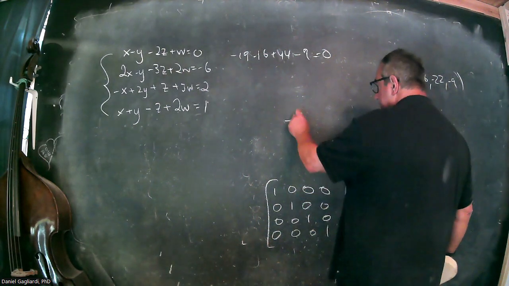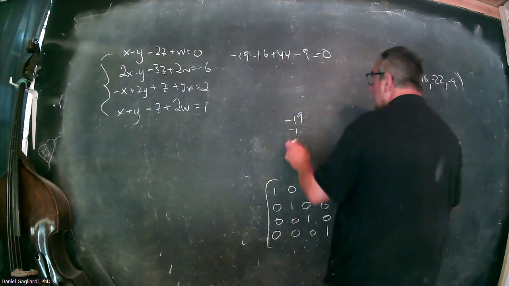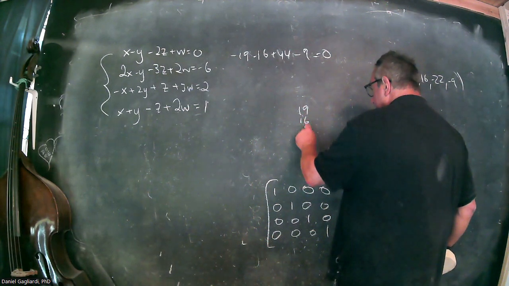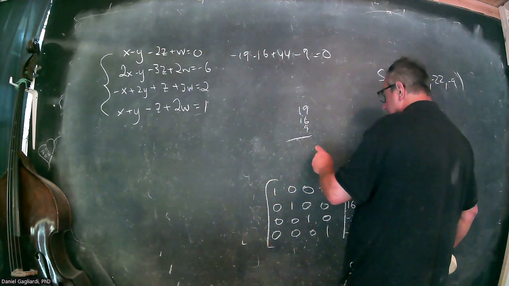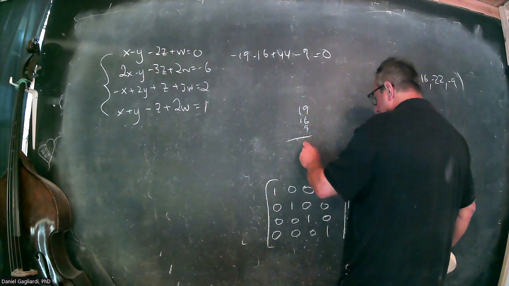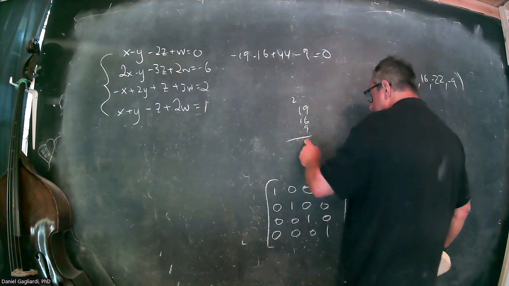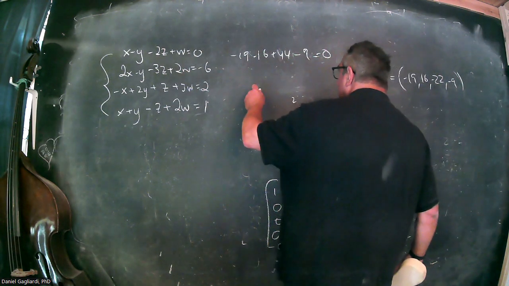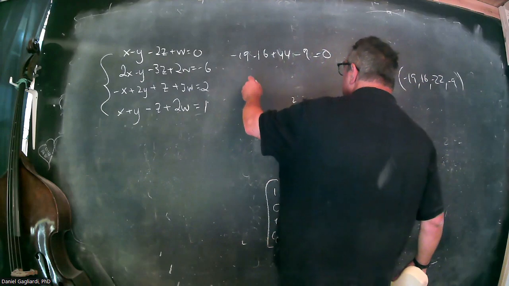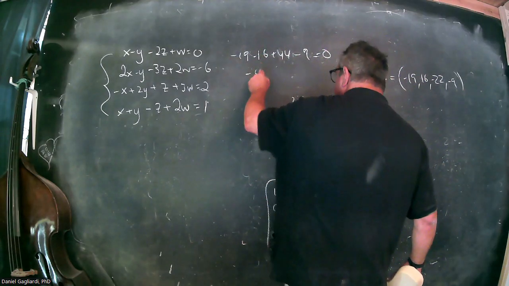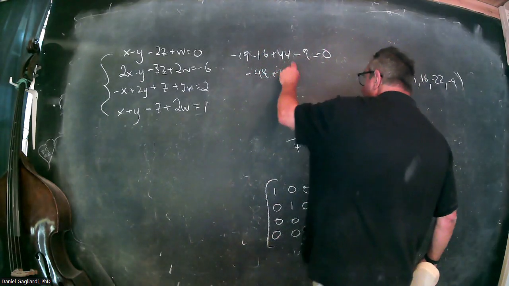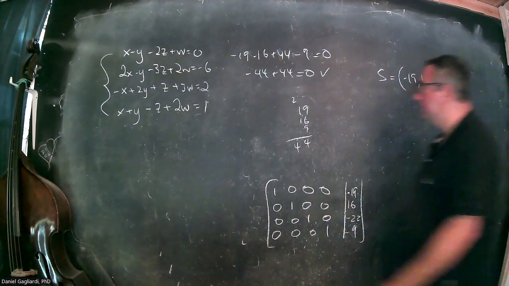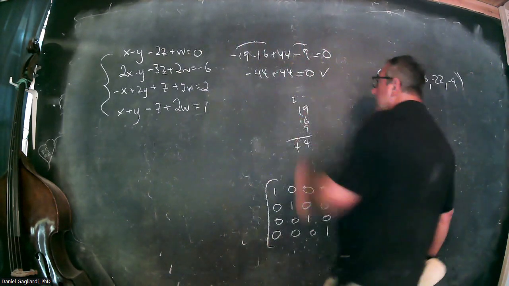So negative 19, negative 16, I'll just add them together and make them negative. 19, 16, and 9, so we have 9 and 6 is 15, and 9 is 24. Right, carry the 2, and then we have negative 44, perfect. Negative 44 plus 44 is equal to 0, check. Okay, because these people are negative 44.